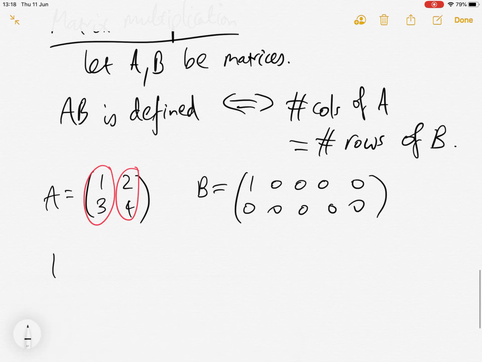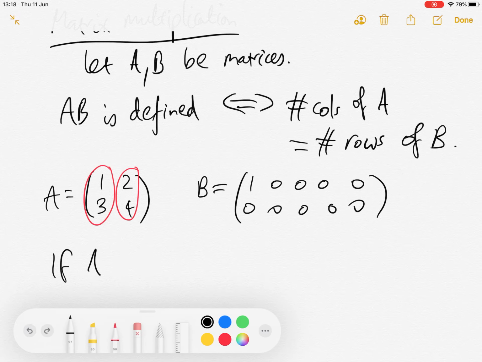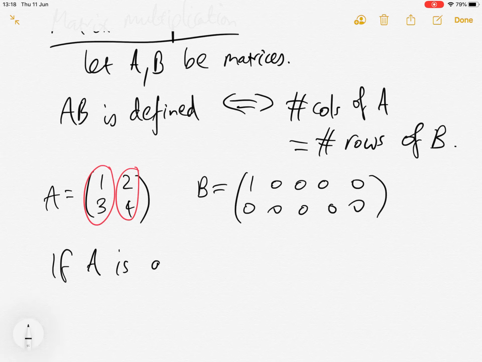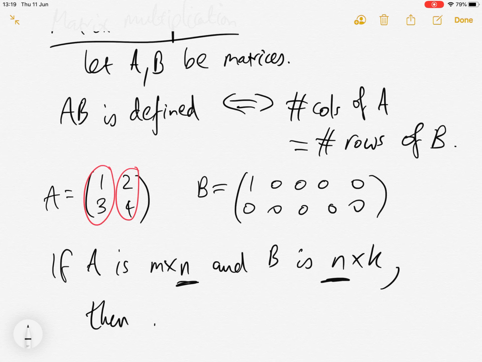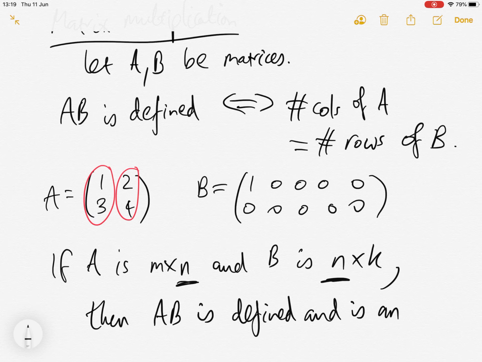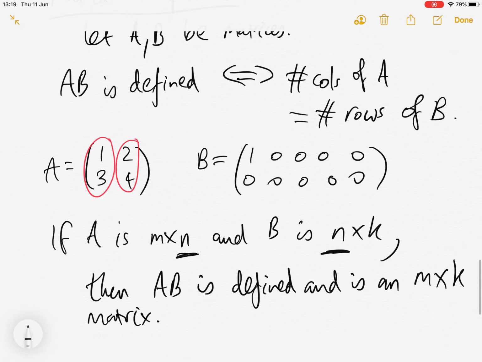So if A is an m by n matrix and B is n by k, that ensures we can multiply, because this n, the number of columns of A, is the same as the number of rows of B. Then AB is defined and is an m by k matrix.